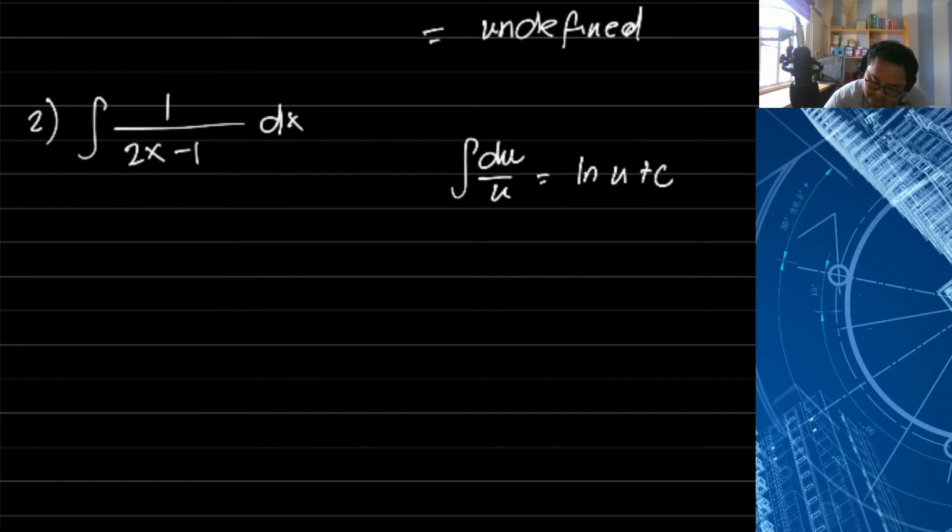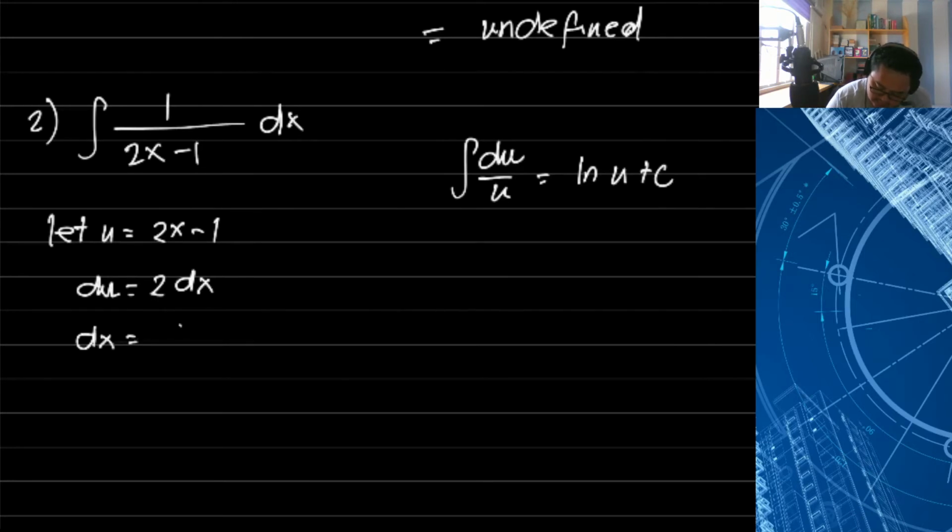Let's examine. Let u equal 2x minus 1. Therefore, du equals the differential of 2x, which is 2, and the differential of 1, which is a constant, becomes 0. So this becomes 2 dx. Therefore, we can solve dx in terms of du. We just divide by 2, so dx equals du over 2.